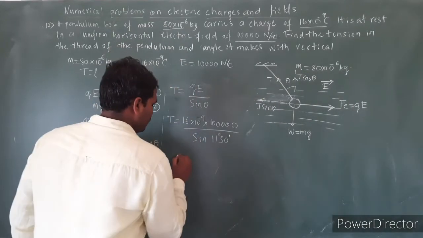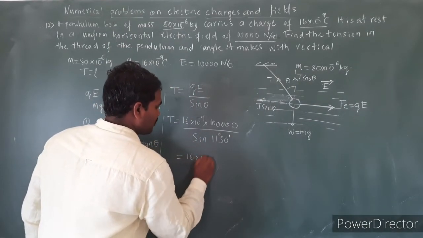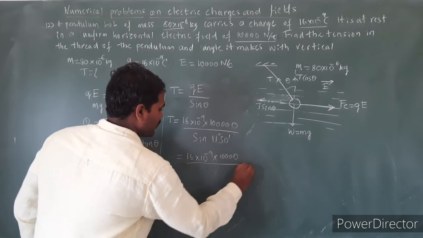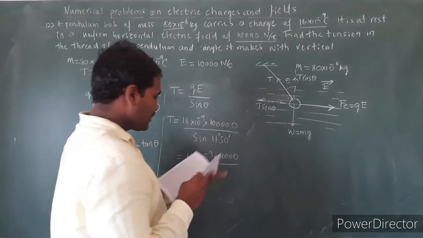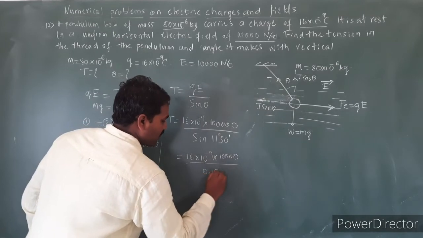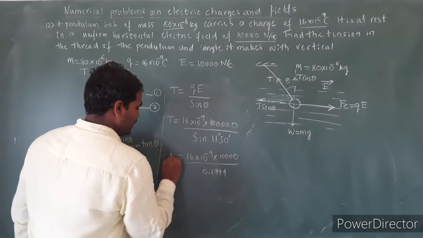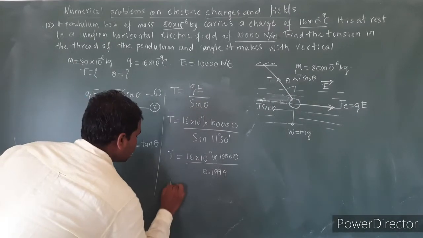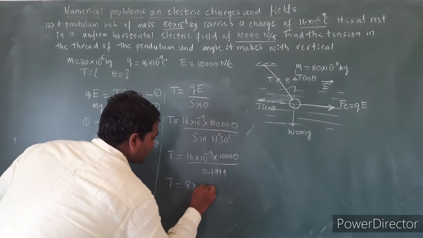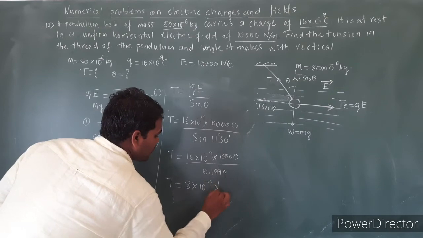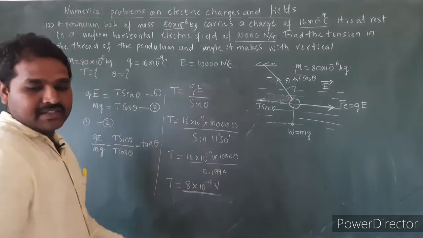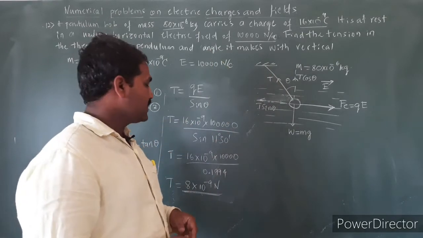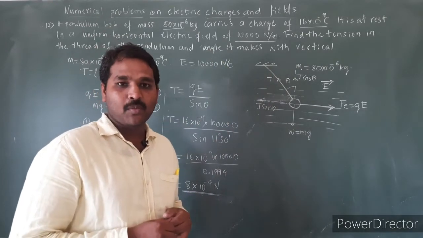So this is equal to 16 into 10 to the power of minus 9 into 10,000 whole divided by sine of 11 degree 30 minutes, that is 0.1994. By calculating I will get the tension is equal to 8 into 10 to the power of minus 4 newton. This is the magnitude of the tension in the string. So this is the solution for the given problem.